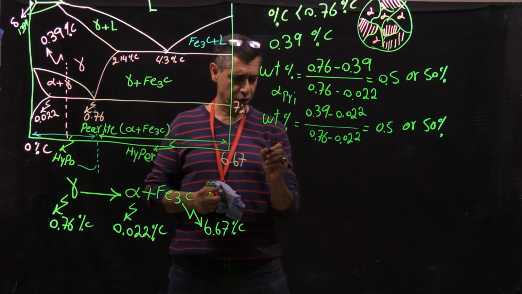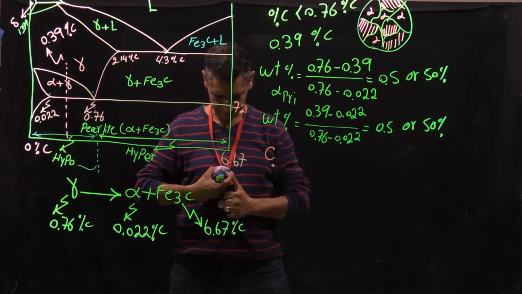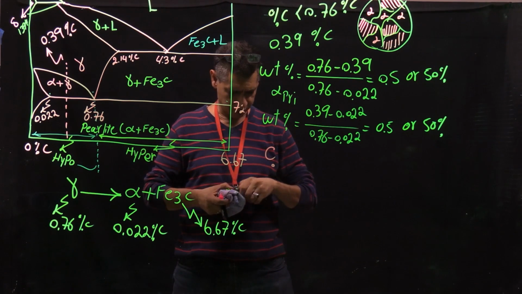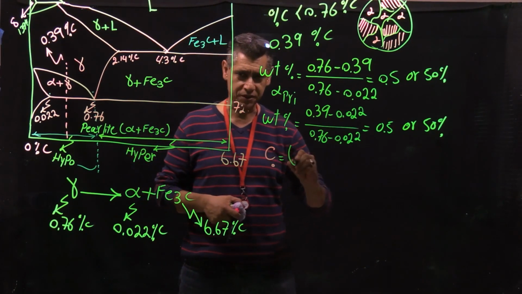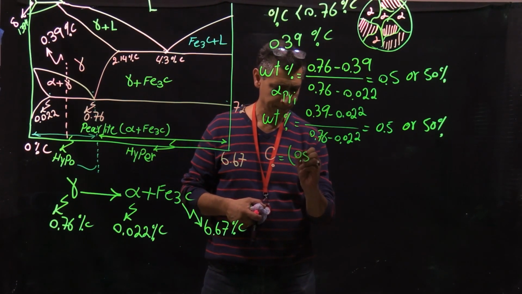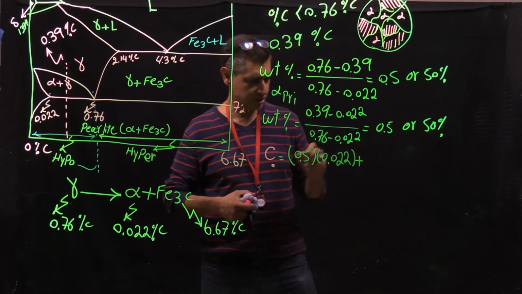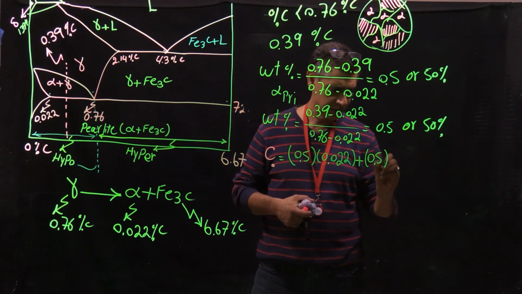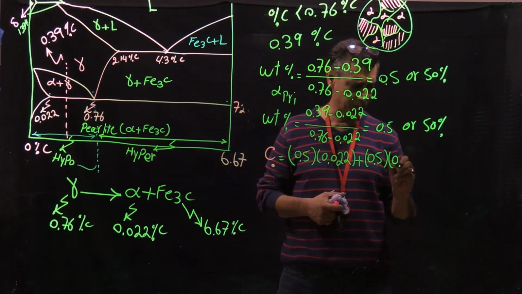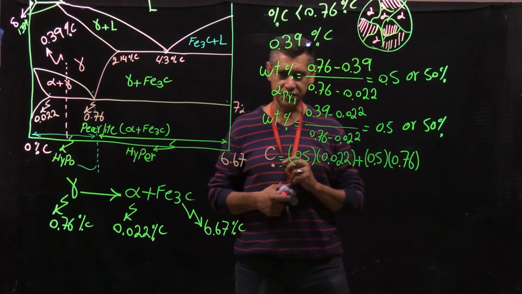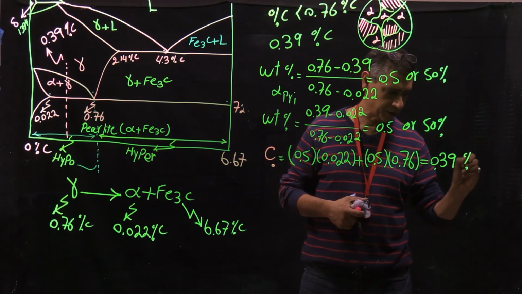I do the math here. The carbon content of my phase is equal to 50% of ferrite plus 50% of pearlite, and pearlite has 0.76, and this value ended up being exactly what I got at the beginning.